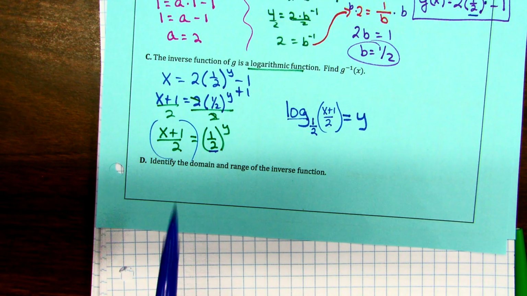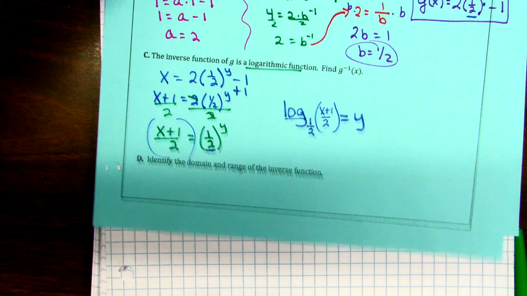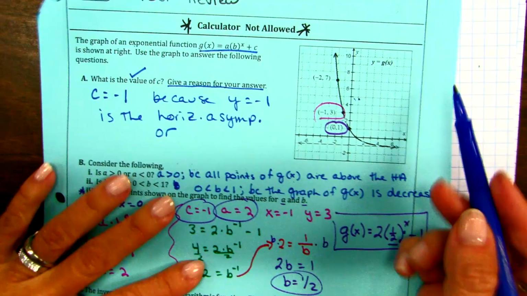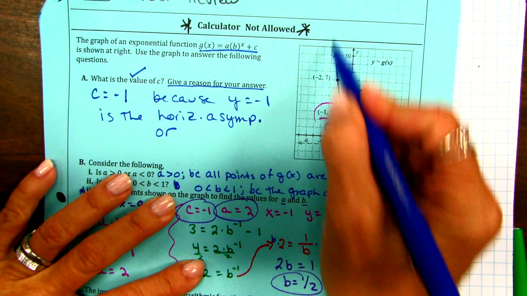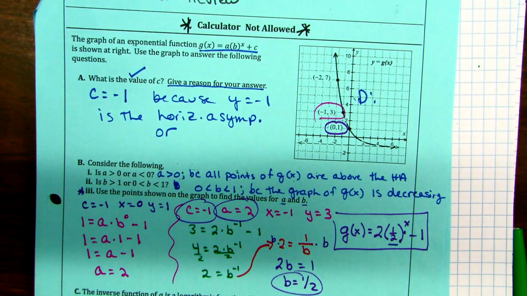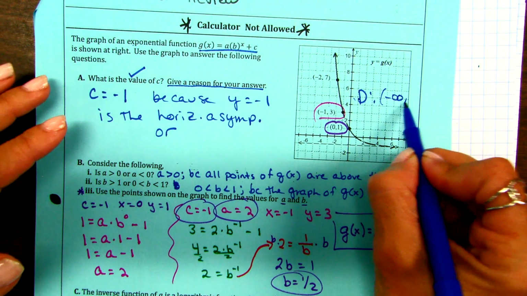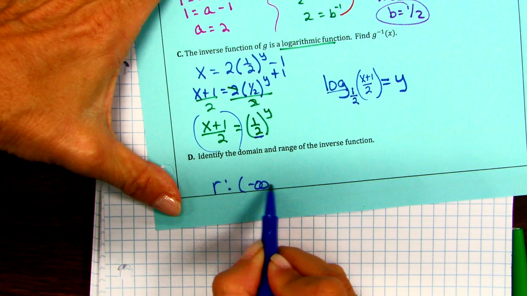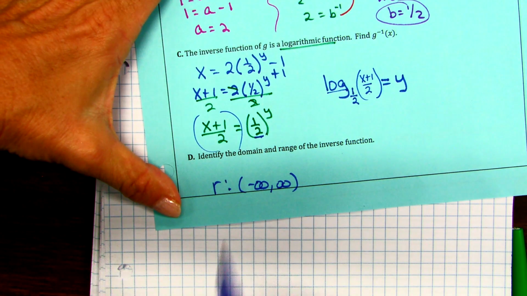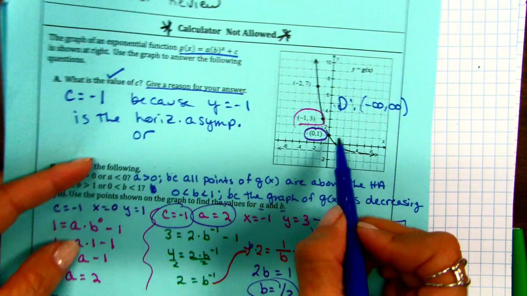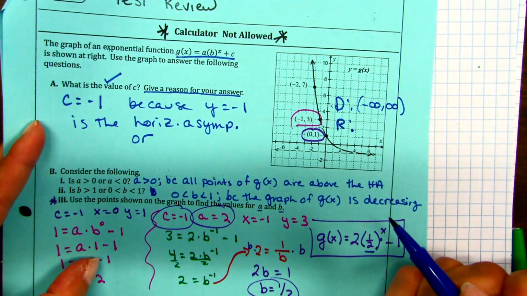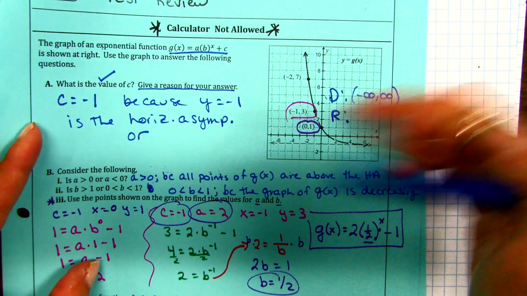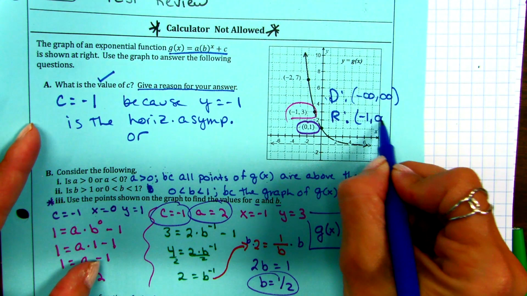Last part of this, domain and range. Really, really easy, guys. If you know the domain and range of this one, you just flip it, right? The domain of this graph is all real numbers, from negative infinity to infinity. That means it's the range of this one. Flip it. The range of this graph would be negative 1 to infinity.